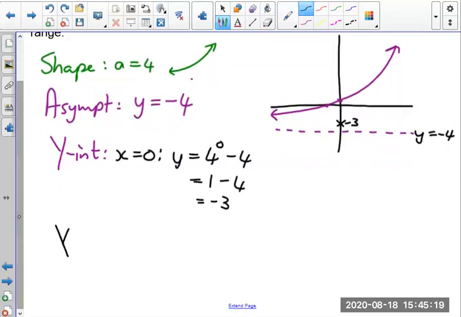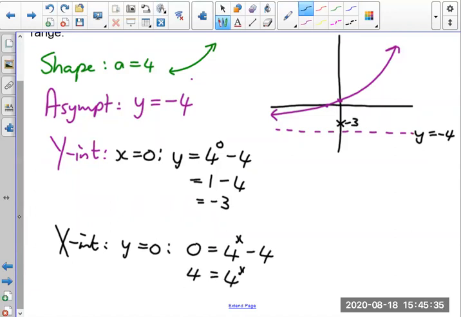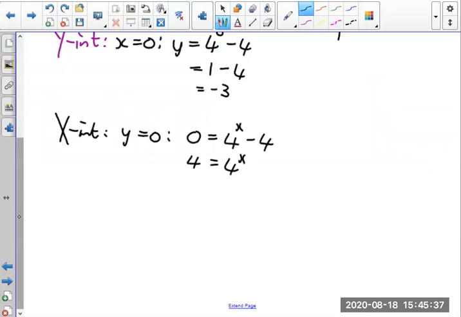To calculate the x-intercept, you make y equal to 0. So now you have 0 equals 4 to the x minus 4. Take the 4 to the other side, then you have 4 to the x equals 4. Can you remember how to solve exponential equations?